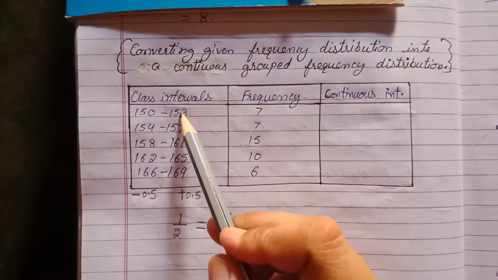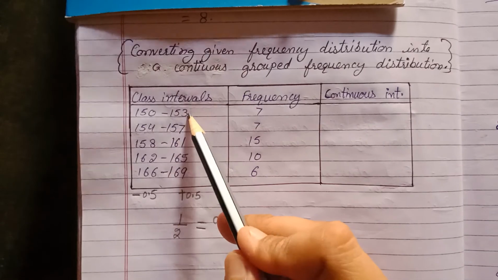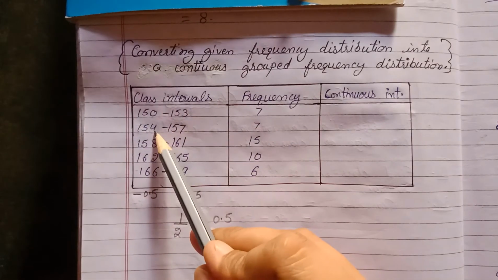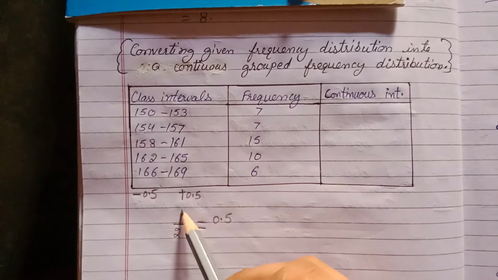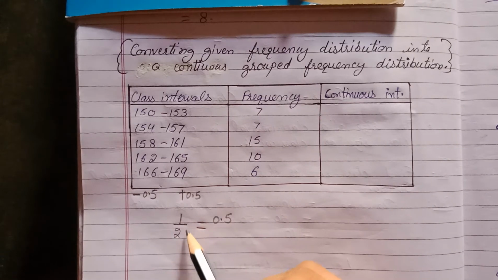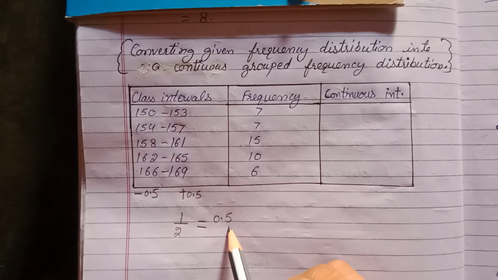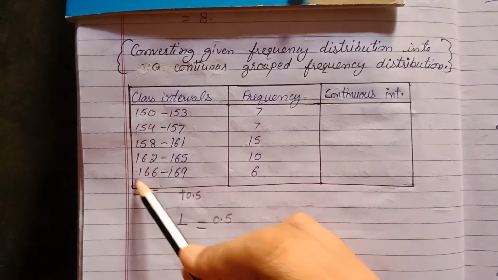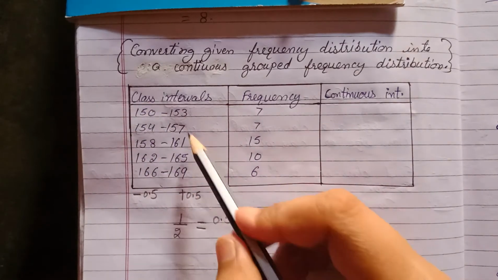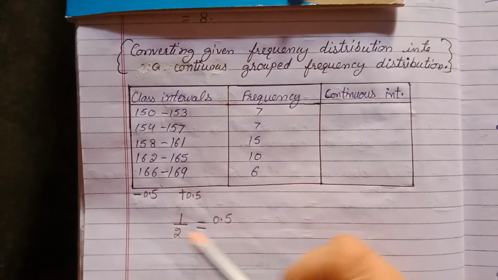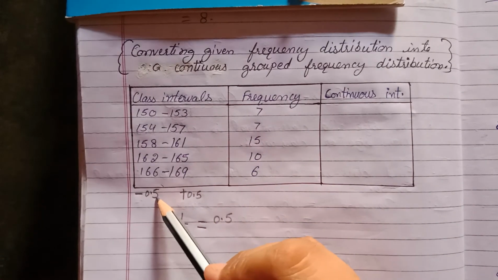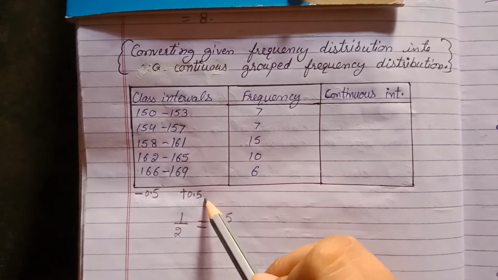I repeat, we will take the difference between the upper limit of one interval and the lower limit of the next interval. This difference is 1, then we divide this difference by 2. In decimals, we get 0.5. Now in lower limits, we will subtract this, and in upper limits, we will add this. So here I have written the subtraction 0.5 and addition 0.5.